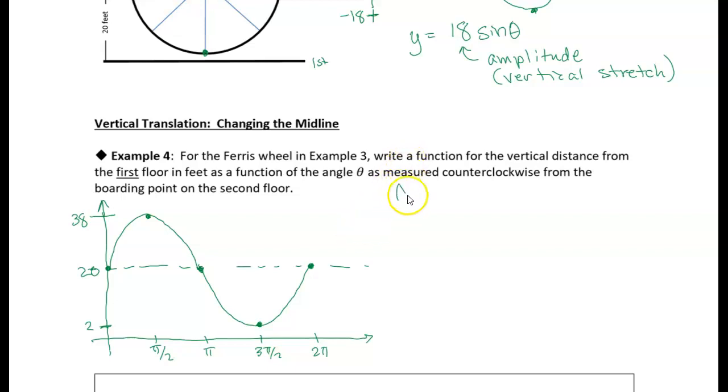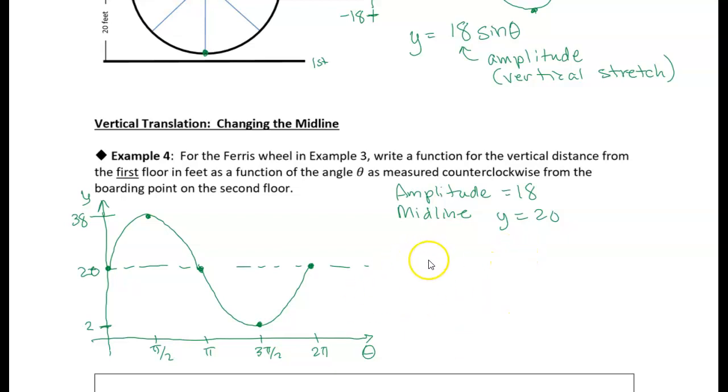Okay, so the amplitude of our sinusoidal function here is 18 feet, and our midline is at y equals 20, if I'm calling this y as our height, and this is theta.